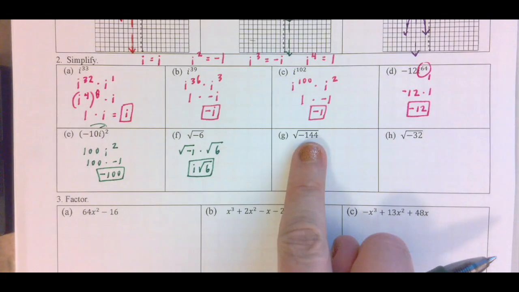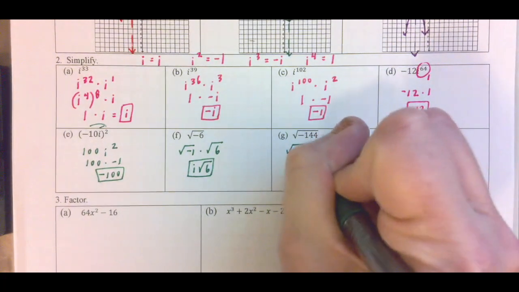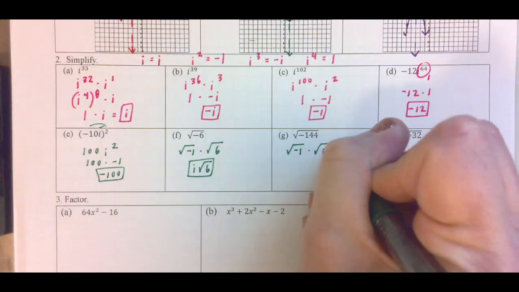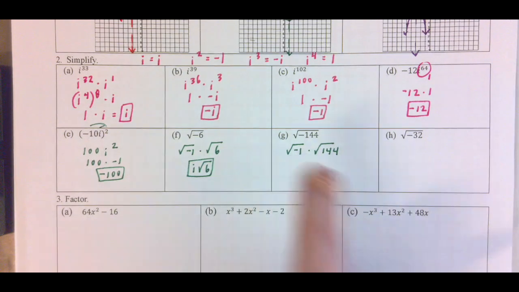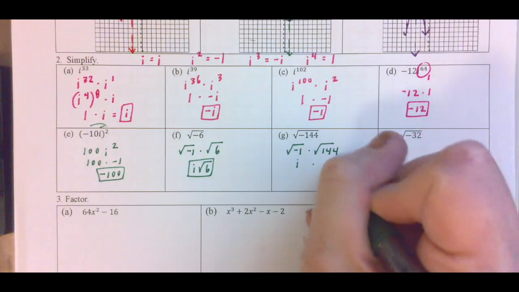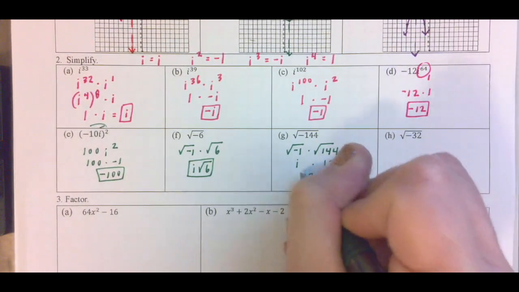Okay, the next one, square root of -144. Still visualizing it the same way. Even if I don't write that square root of -1 every time, I'm visualizing pulling out the i. The square root of 144 is just 12, so 12i.